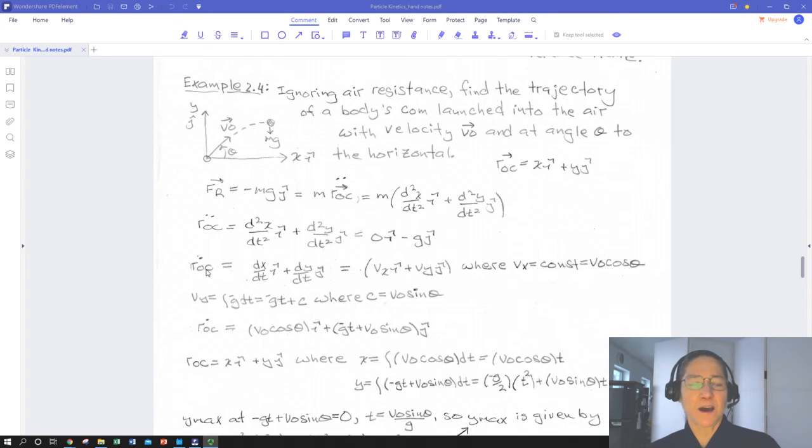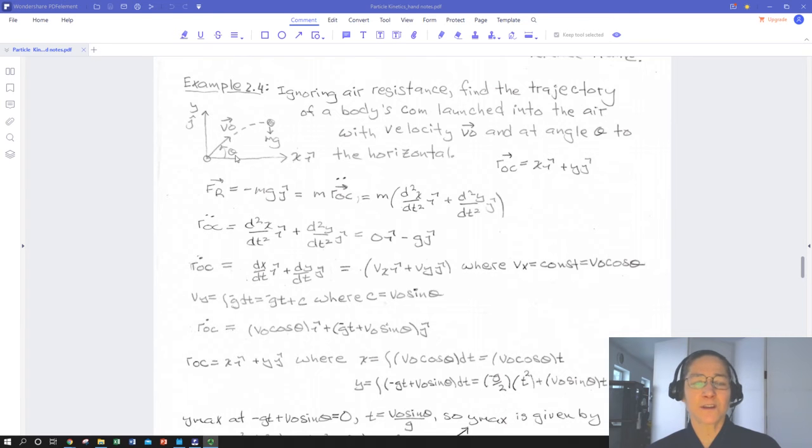So we can get our first time derivative of position, otherwise known as velocity, of the center of mass by integrating once, and that gives us v sub x, the velocity in the x direction, plus v sub y, the velocity in the y direction. We know that v sub x is constant and equal to our initial velocity times cosine of our launch angle.